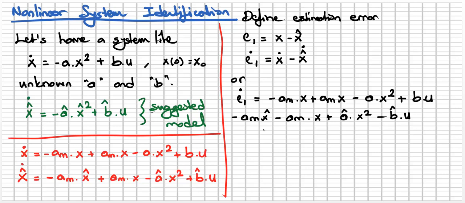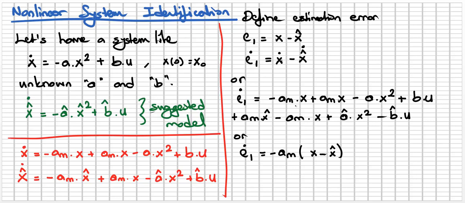But this minus should be replaced with a plus, and then we can collect all the terms. E1 dot is equal to minus a_m times (x minus x hat), because these terms remove each other, and so we can collect these things in here.